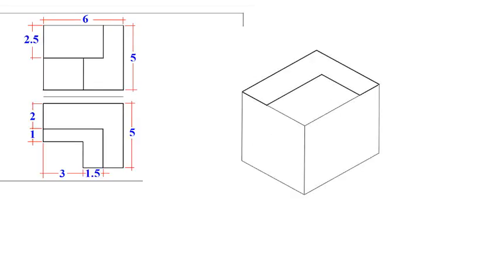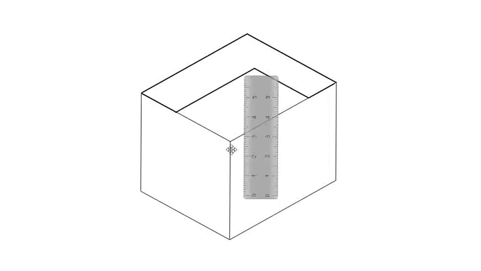Now, we look at the front view to find its height. We can see that this main block has a full height of 5 units. So, we extrude that large L-shaped footprint downwards to a height of 5 units, creating the primary solid block of our object.